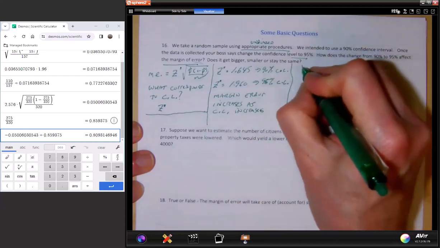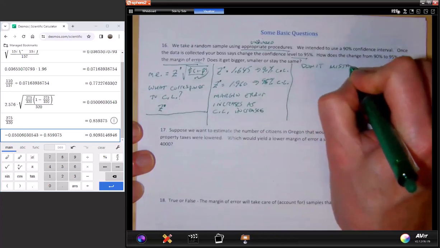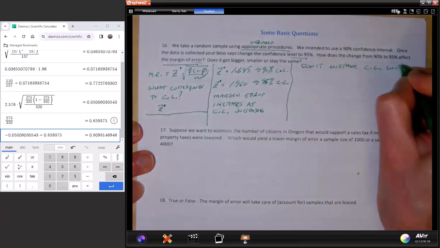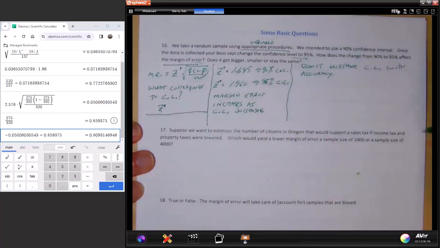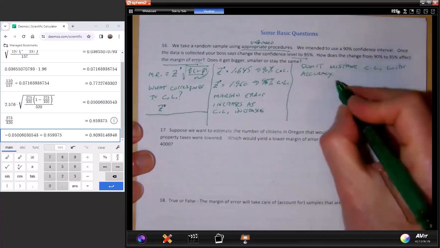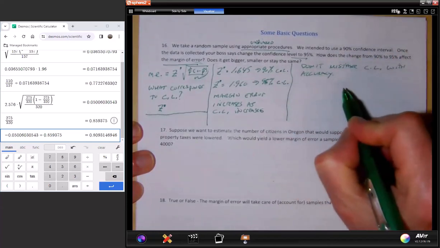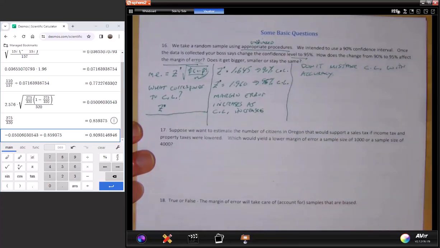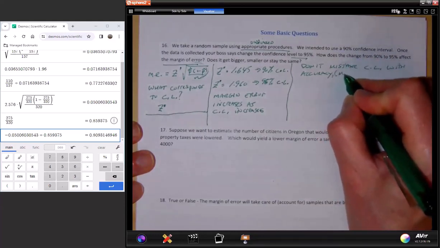Because don't mistake confidence level with accuracy. And by accuracy, I mean how close our p-hat value is to the unknown parameter, which in this case is also measured via the margin of error.